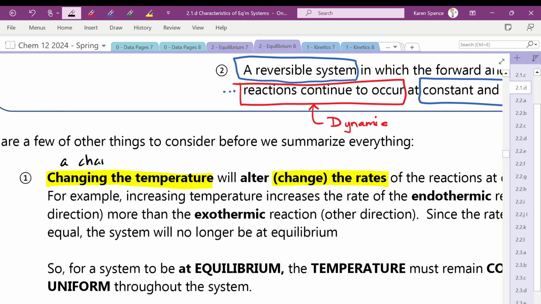A change in temperature affects which rate more? Which type of reaction? The endothermic, okay?